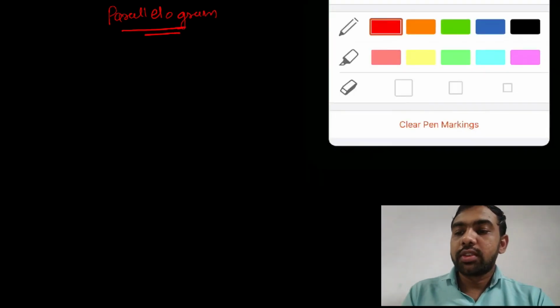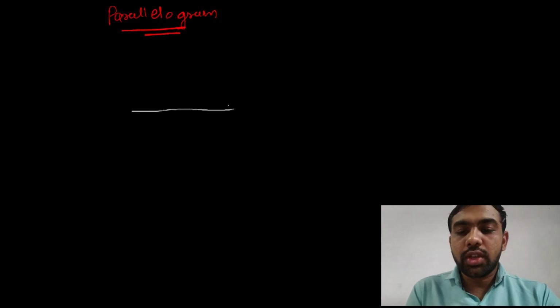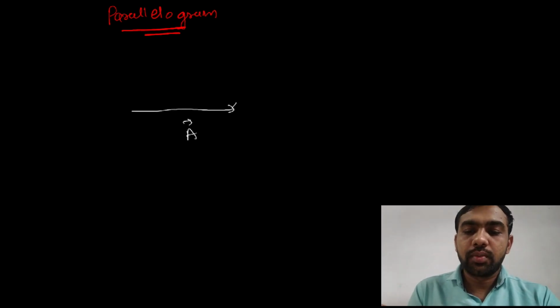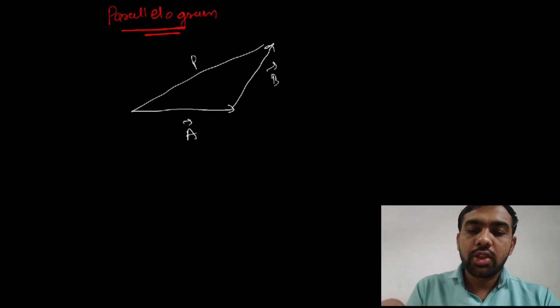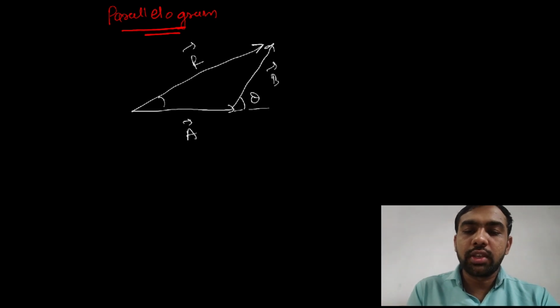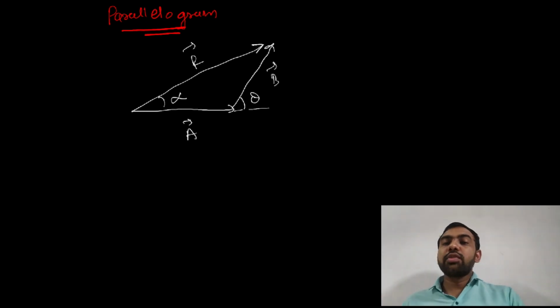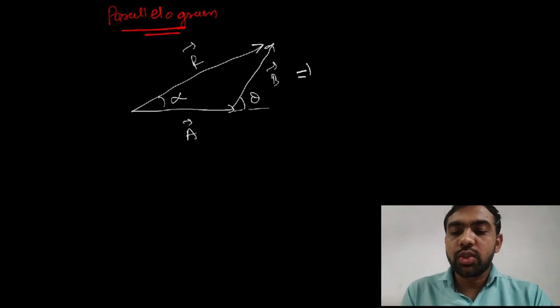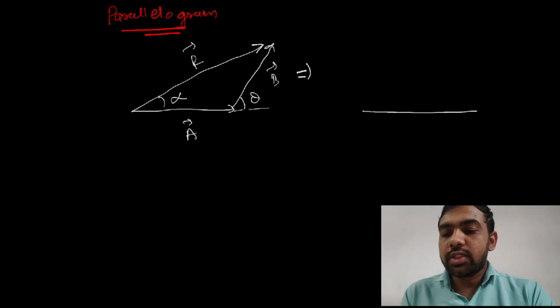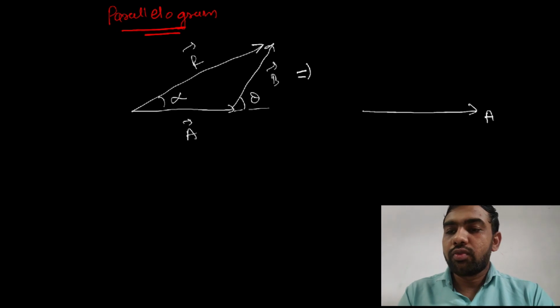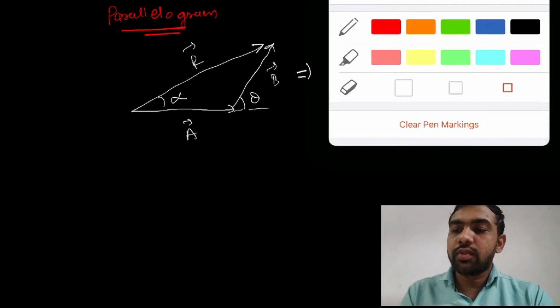See, parallelogram. You must understand how to draw this parallelogram. The result does not change. Suppose your A is this one, B is this one, and the resultant is this one. The angle between A and B is theta, and this one is alpha. Then how do you draw the parallelogram for the same situation? You just arrange A wherever it is given. So A is somewhere here.